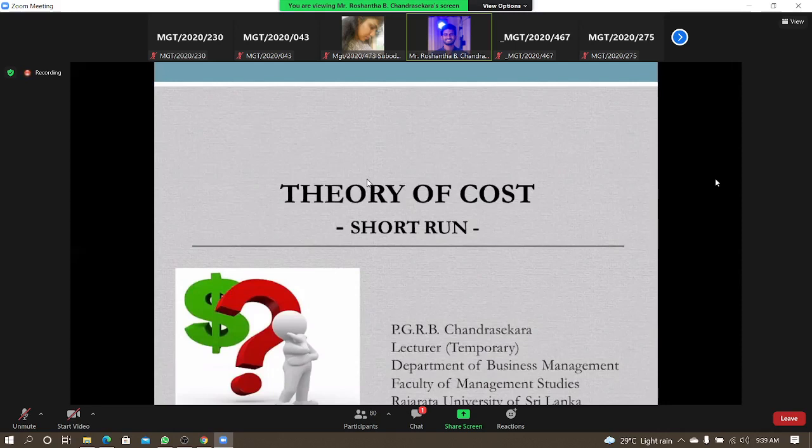Then we discussed how a price change affects the substitution and income effects, and how we derive the income and substitution effect in a price change, right?